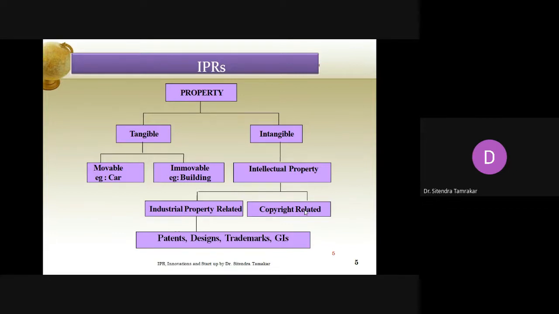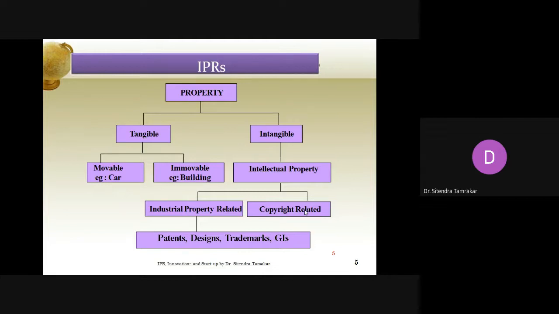A property can generally be tangible or intangible. Tangible property can be movable or immovable: movable like a car or bike, immovable like your own building or a piece of land.